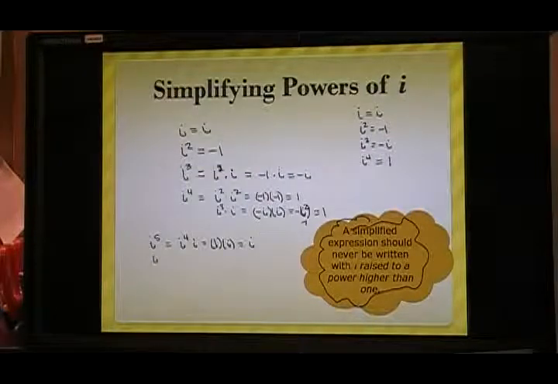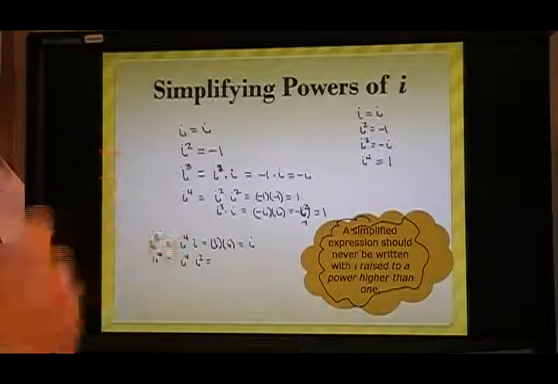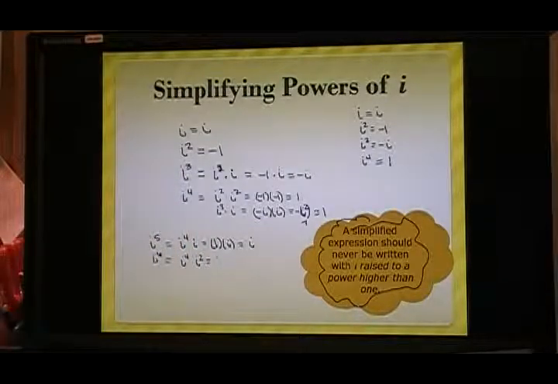If we do i to the sixth power, maybe i to the fourth times i squared. So i to the fourth is 1, i to the second is -1, and 1 times -1 is -1. i to the seventh, maybe i to the fourth times i to the third.